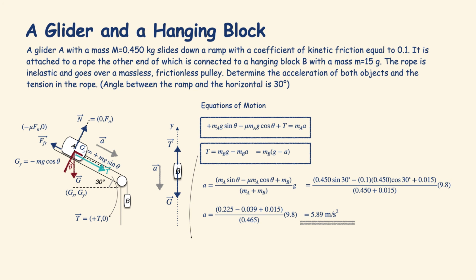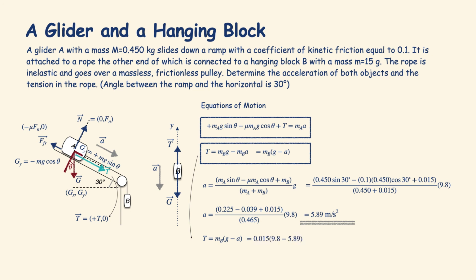The second equation seems simpler to me, so that will be my preference. So the tension is going to be equal to the mass of B times the difference between g and a. I already know a. The value of a is 5.89 meters per second squared, so I can just plug it in here and find a numeric value for the tension in newtons.